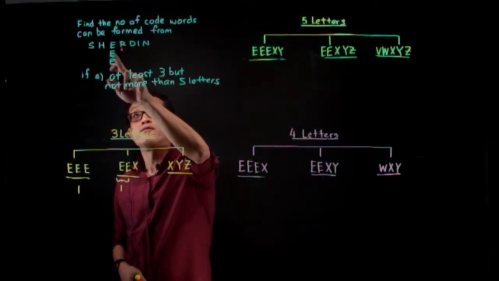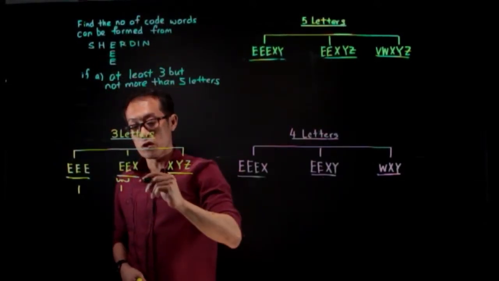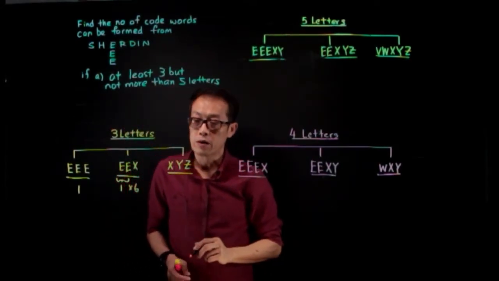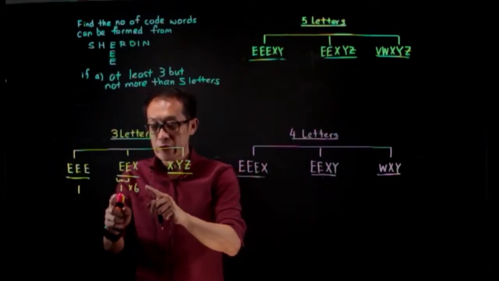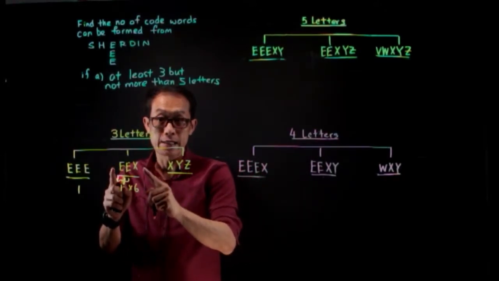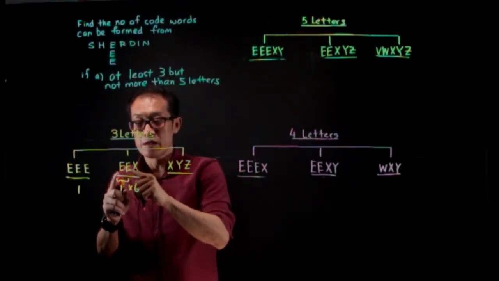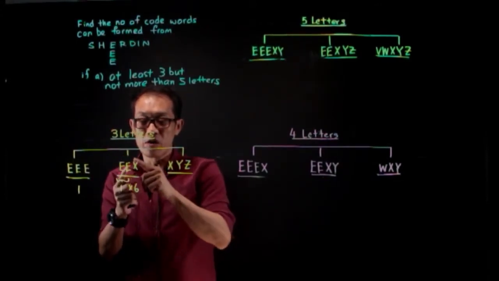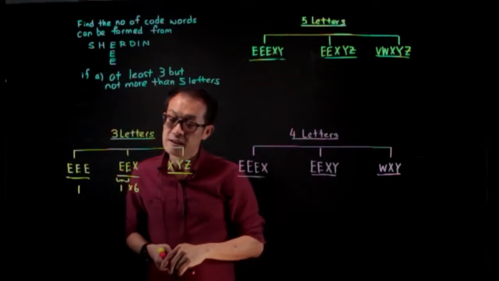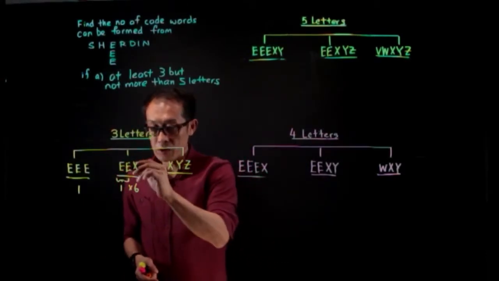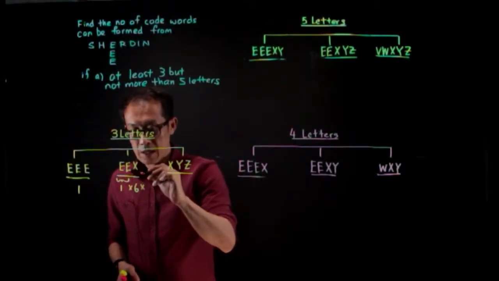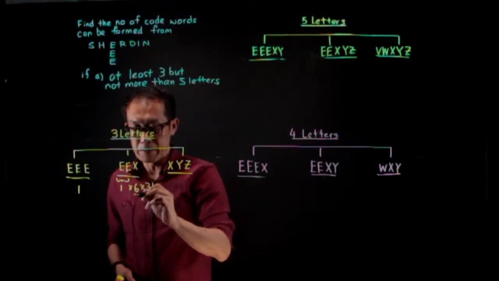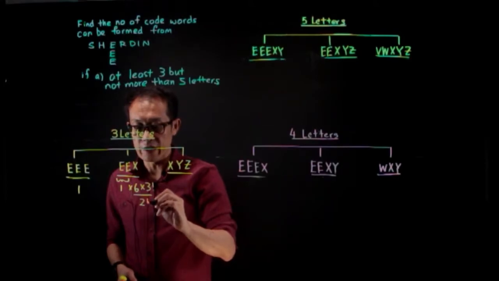You will have only 6 choices. Now, don't forget we can permute these letters. X can be first, it can be XEE or EXE. So there are altogether 3 letters, so you times 3 factorial. 2 of them are repeated, so you divide by 2 factorial.